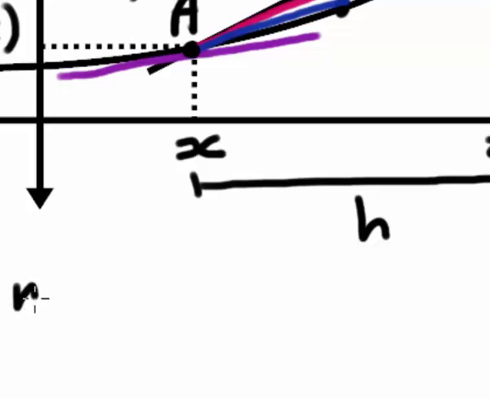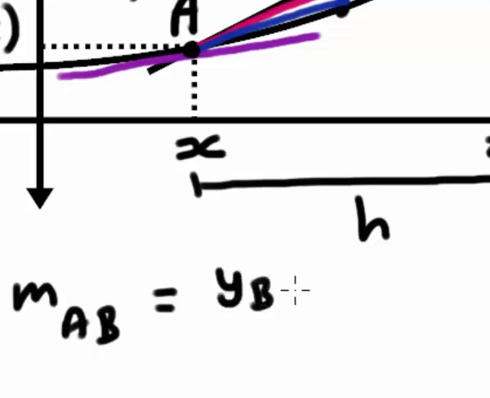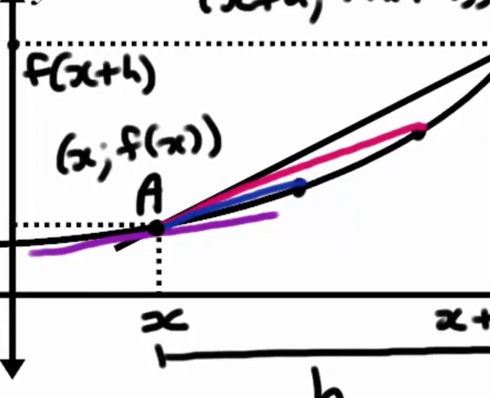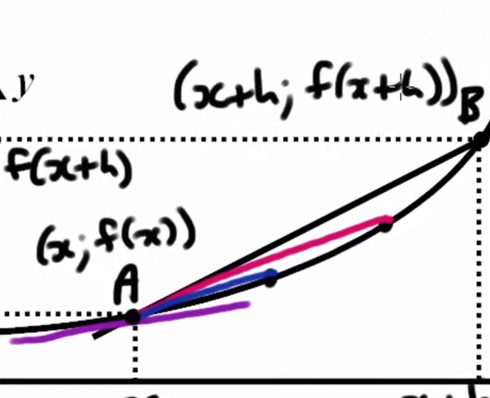The gradient M of AB would be simply the Y of B minus the Y of A, divided by the X of B minus the X of A. Now, watch this. The Y of B is F of X plus H, and the Y of A is F of X.